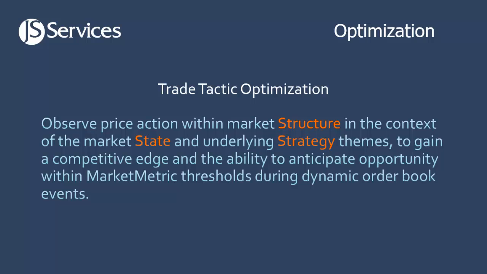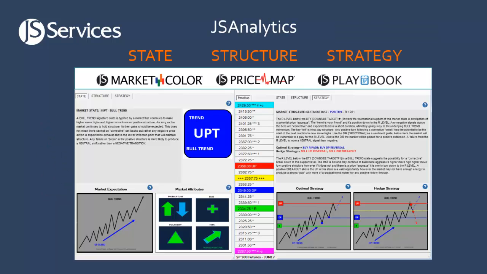Trade tactic optimization comes down to observing price action within market structure in the context of the market state and underlying strategy themes to gain a competitive edge and the ability to anticipate opportunity within market metric thresholds during dynamic order book events. JSServices analytics provide a fact foundation to align trading tactics to make them more sustainable.